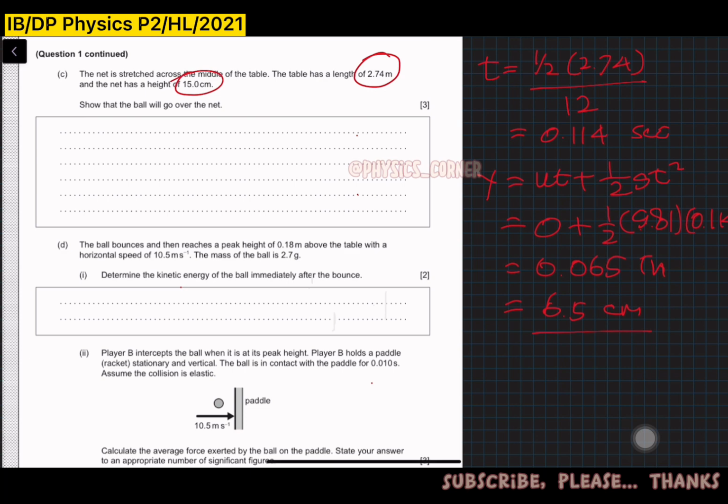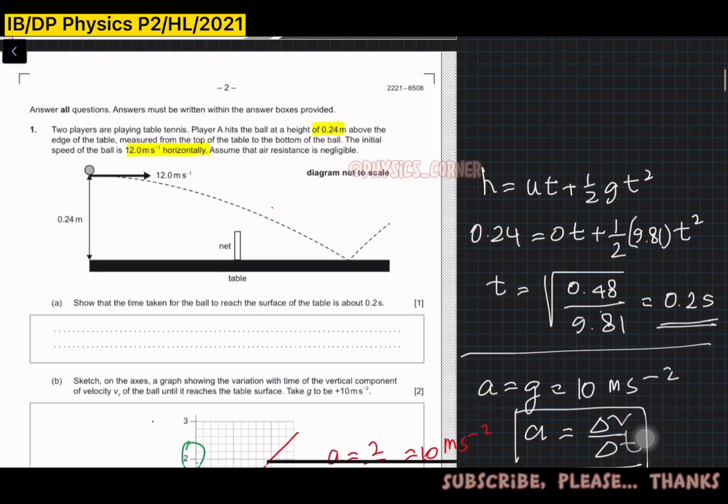So the height is 0.24 minus 0.065, which is about 0.175 meter. This is the height below this point, like here, 0.175 meter.